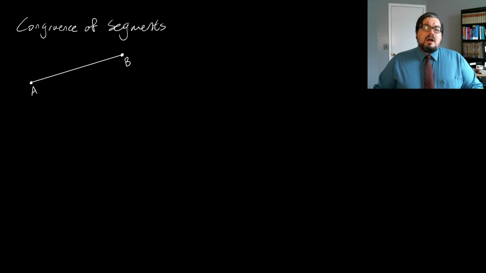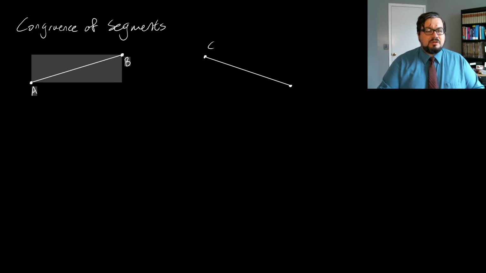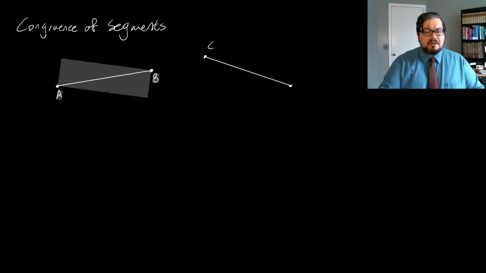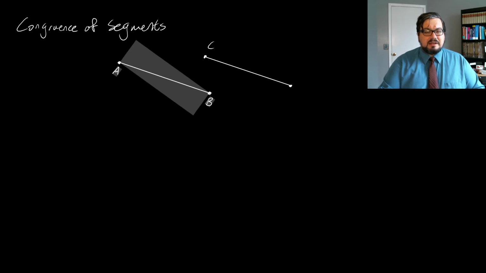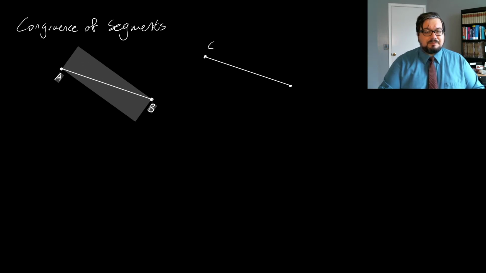So we are intuitively going to think of congruence of two segments. Let's say that we want to say that segment AB is congruent to segment CD over here. And we're going to basically say that's true if we can take one of our segments and move it, rotate it, translate it so that it lies right on top of the other one, exactly on top.